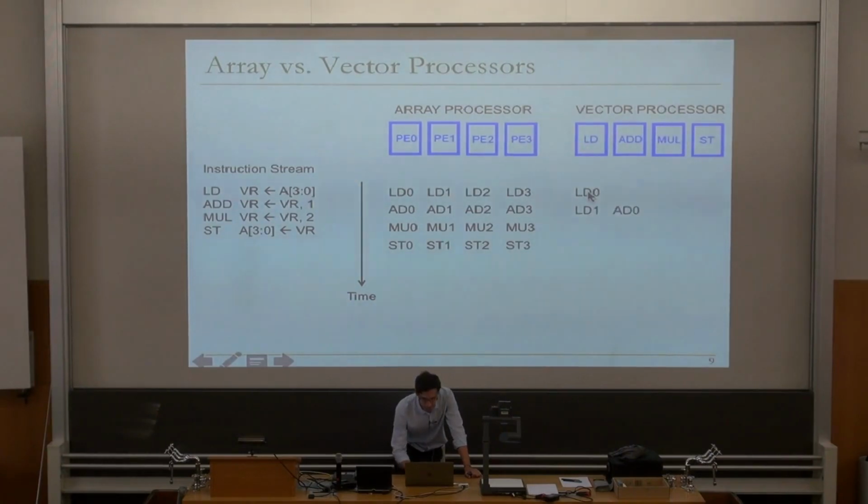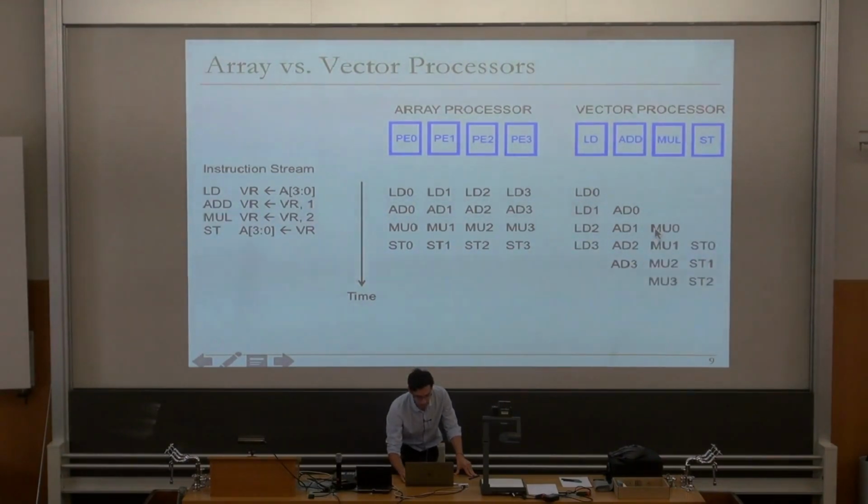In the second cycle, assuming that we have already got the value A0 from memory and we have it already in the vector register, we can execute load for element 1 and the addition for element 0. In the third cycle, we will have load for element 2, addition for element 1, and multiply for element 0, and so on.